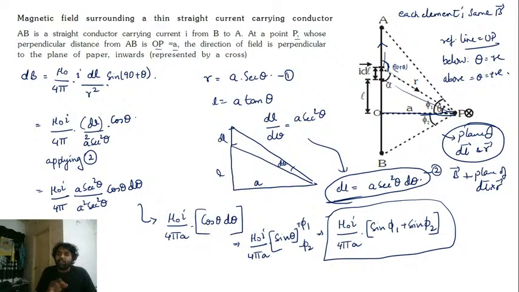So you just use the dl cross r hand curling method. The direction of thumb is this way and the direction of r vector is somewhere like this. So the direction of curl will be inwards.